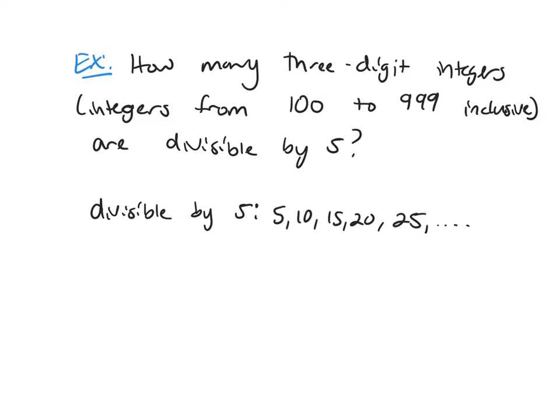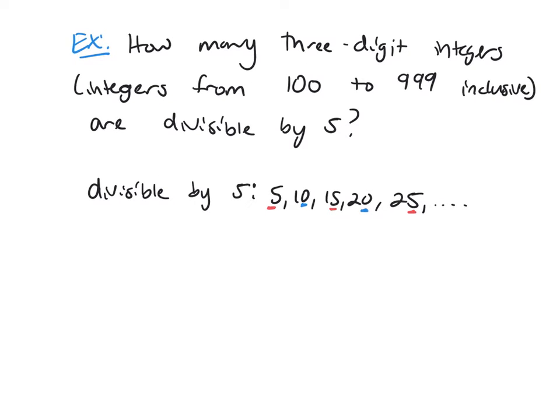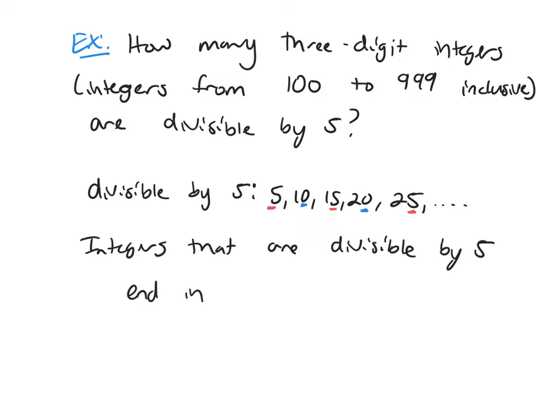And if you look at the last digit, it's either 5 or it's 0. So we can say any integer that is divisible by 5 ends in either 5 or 0.